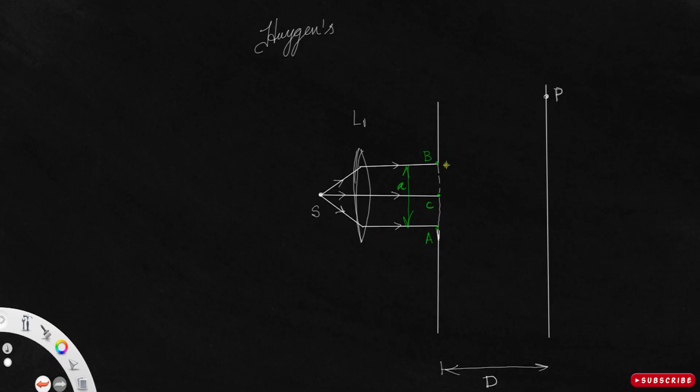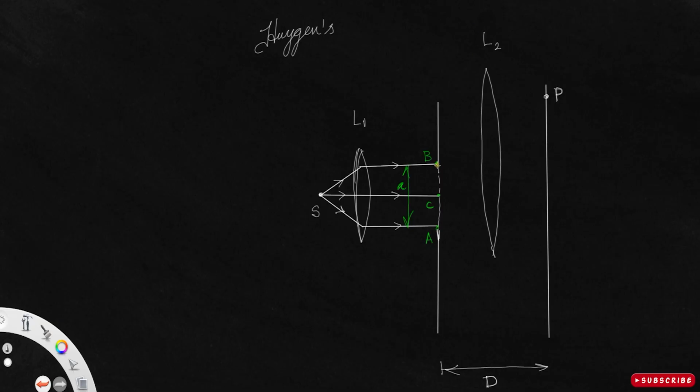Definitely these 3 points will emit rays and they will reach the point P. And they have a path difference because the ray from A will have to cover more distance to reach the point P. So there is definitely a path difference between the rays from the point B and A. Let me consider another convex lens in order to focus the diffraction pattern onto the point P, L2.